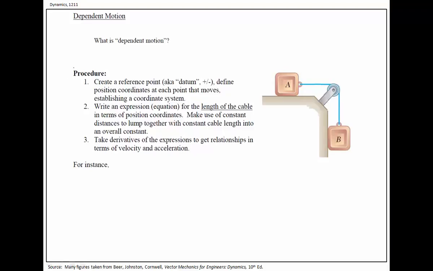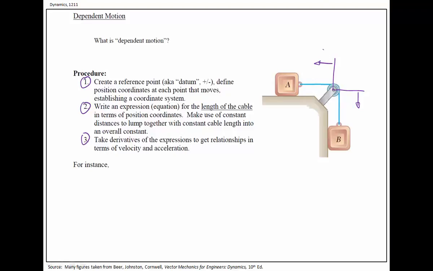And we go through a procedure where we create a reference datum, right? I'm going to use these circles right here and these numbers, and try to be consistent with it. So for our reference for each of the different points, we're going to use this pulley as a good place to start from. Our reference is going to be from this pulley, and we're going to have two different axes here.